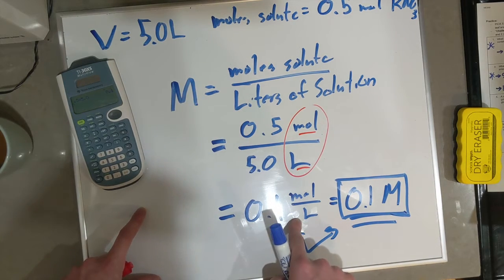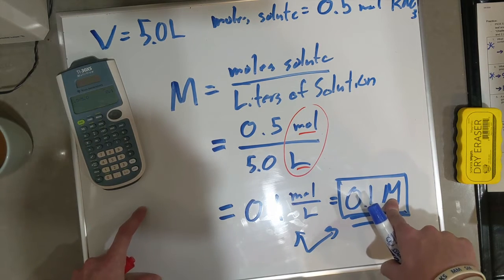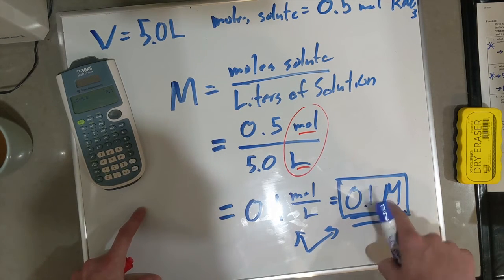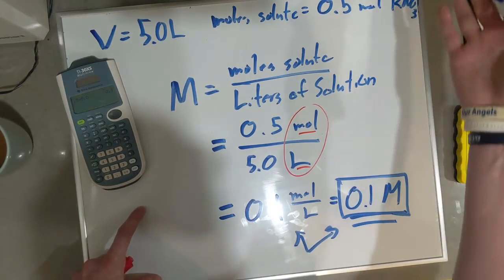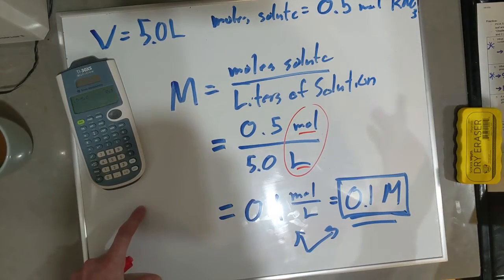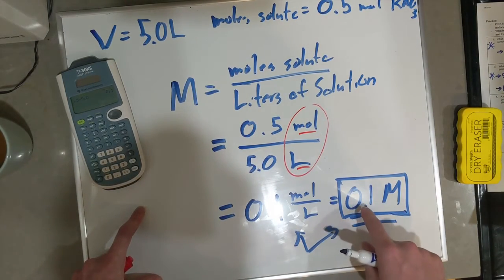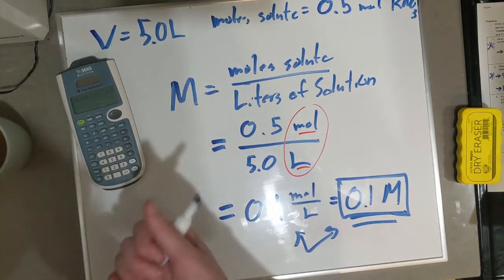You can use moles over liters, or you can use capital M. Capital M, it makes you look a little more like a scientist, so this one's fun. So the molarity of 1/2 mole of KNO3 dissolved into 5 liters of solution is 0.1 mole per liter of solution.